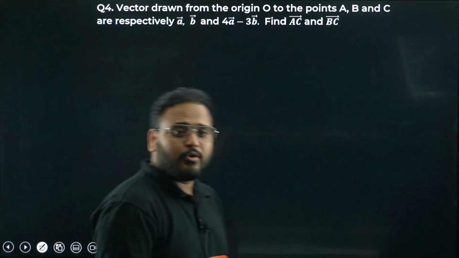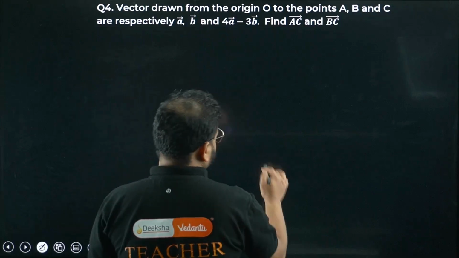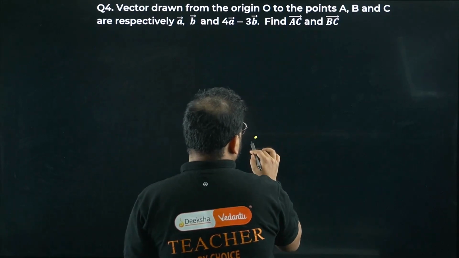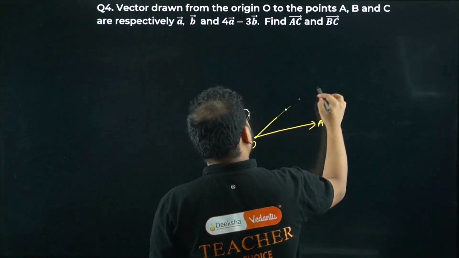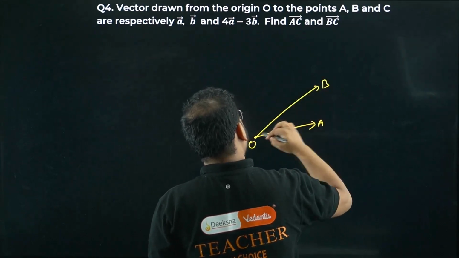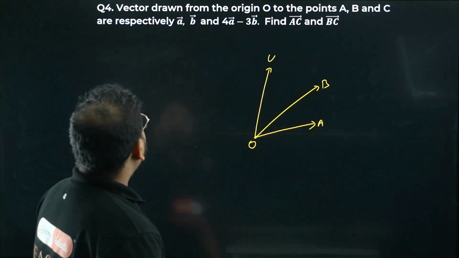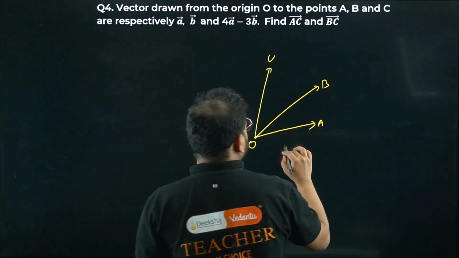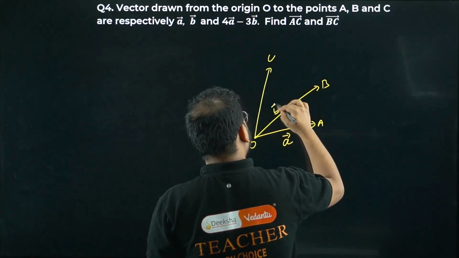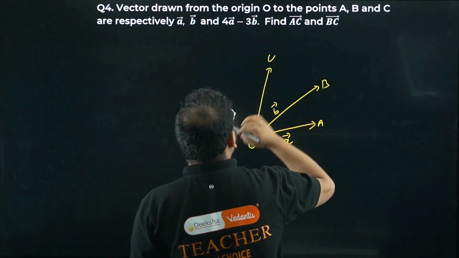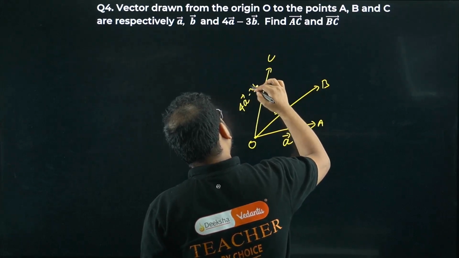Question number 4 now. Vectors are drawn from the origin O to the points A, B and C. These are given as vector A, vector B, and vector 4A minus 3B.